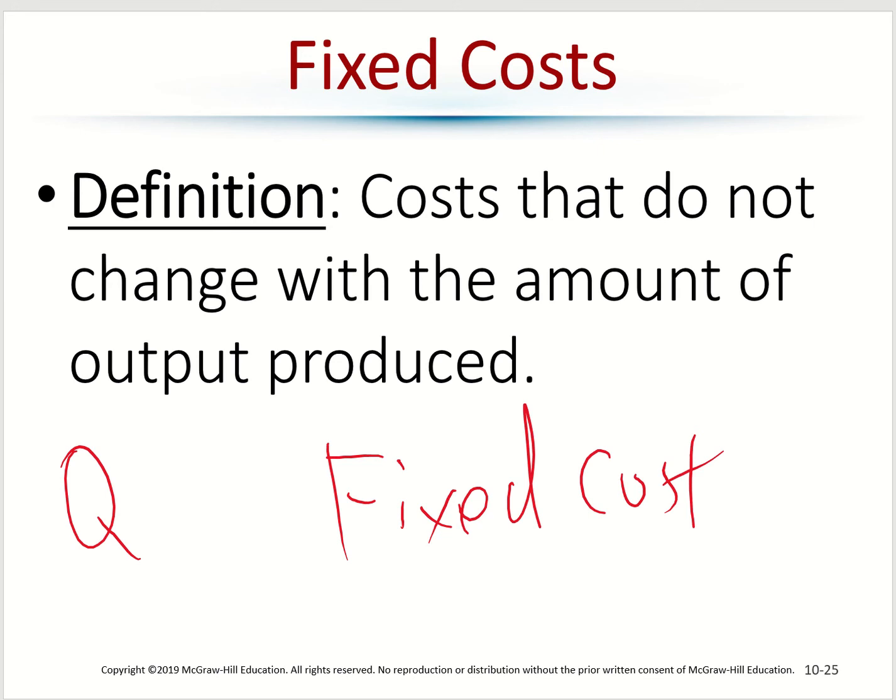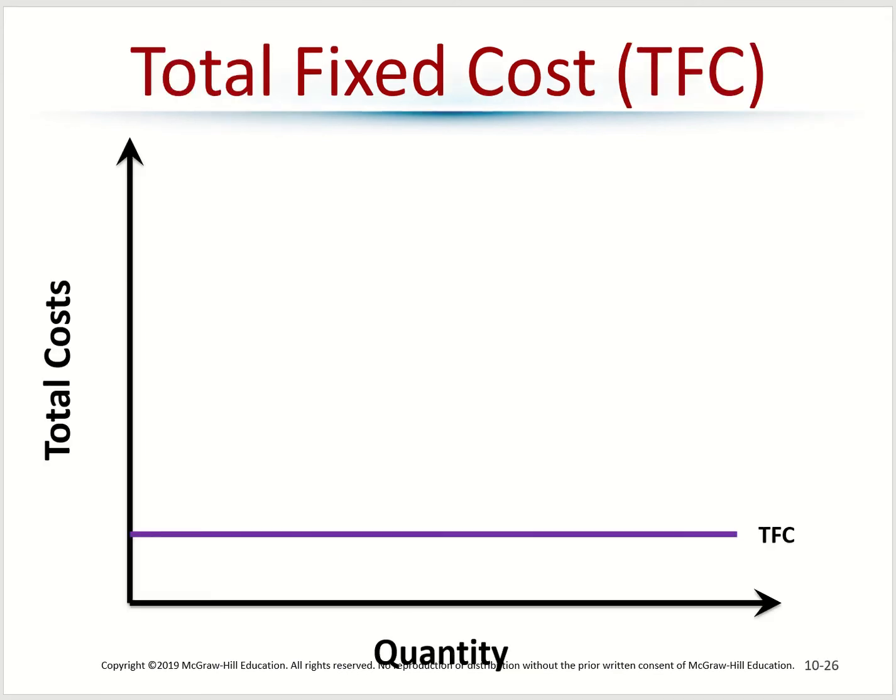One example of this is rent. If you're paying rent, your rent is fixed. It doesn't matter how much you produce, your rent wouldn't change. So that's called fixed cost. If you graph a fixed cost, it's just a flat line. It doesn't change. So it's always constant regardless of how much quantity you produce.